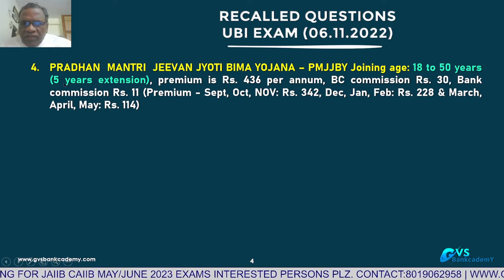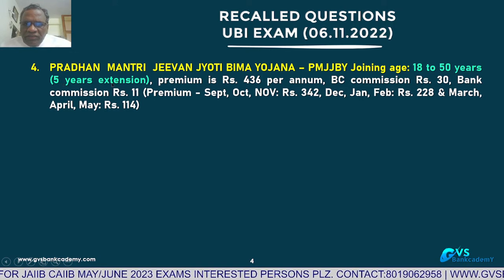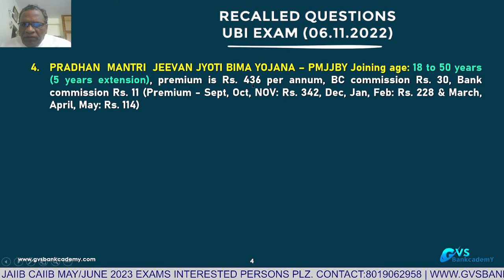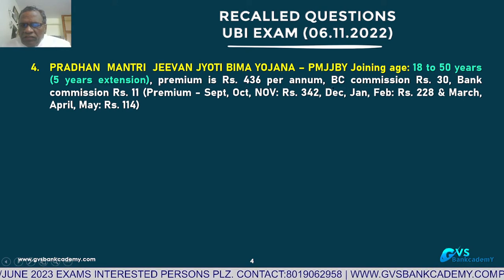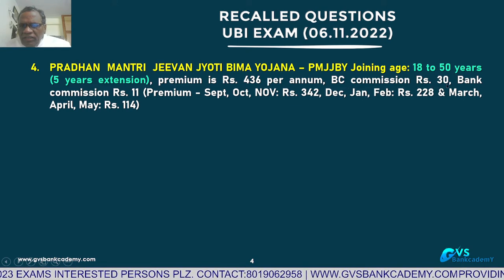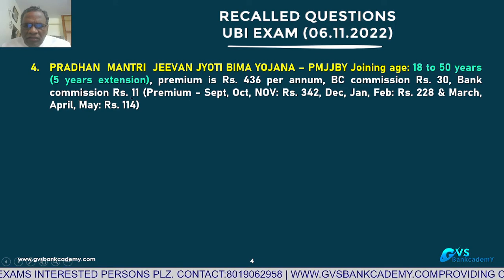After reaching 50, they can get a 5 year extension. What is the premium per year? 436 rupees per annum. Out of 436, BC commission is 30 rupees, and bank commission is 11 rupees.